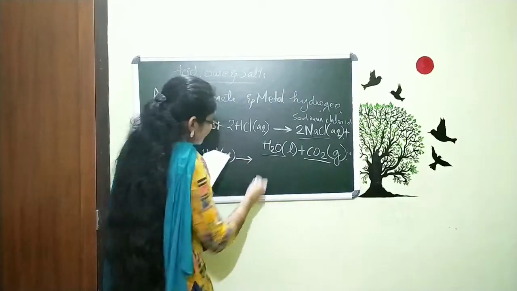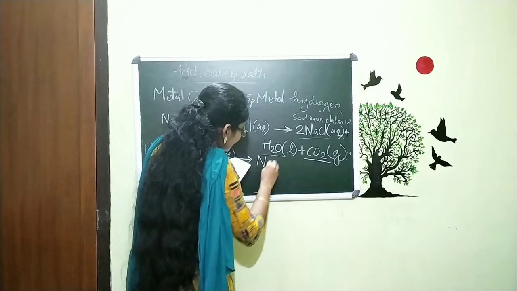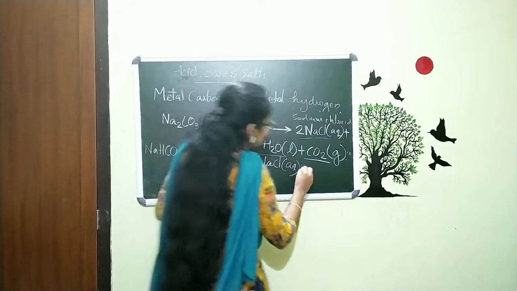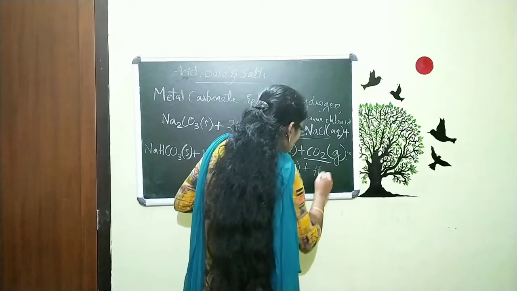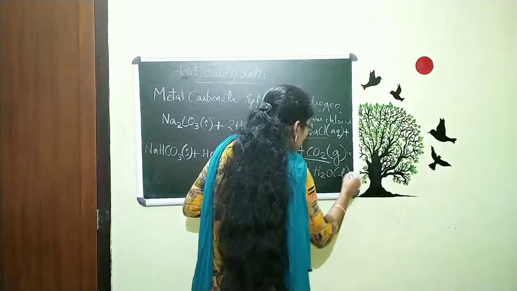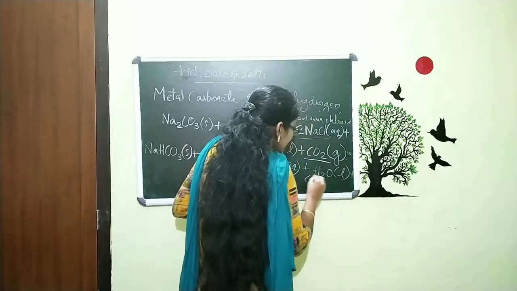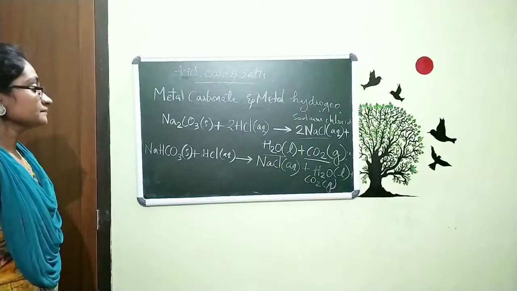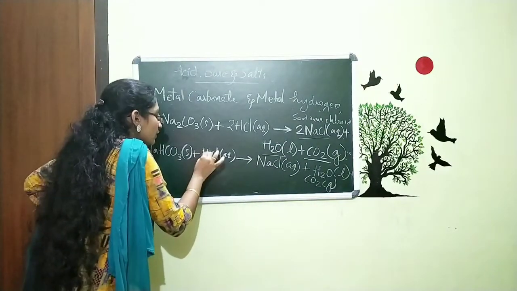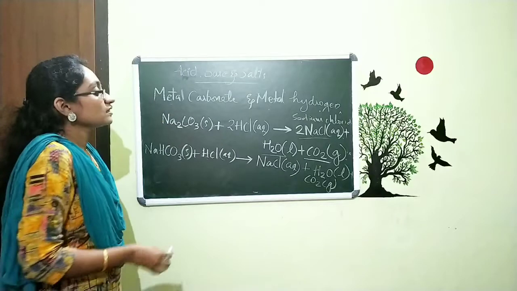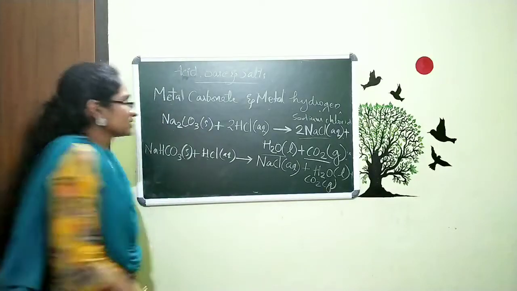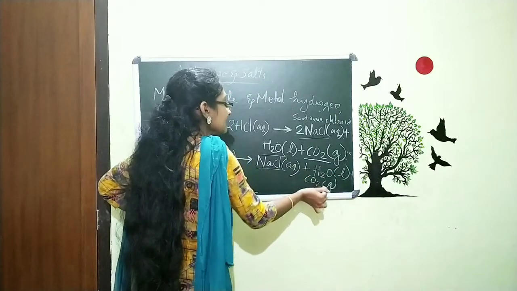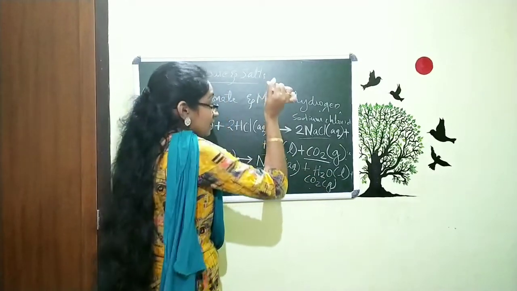Then you get the result as NaCl, which is in aqueous form, plus H2O, that is in liquid form, plus CO2, that is in gaseous state. So here the only difference is this. The result is the same. It forms sodium chloride, water, and carbon dioxide.